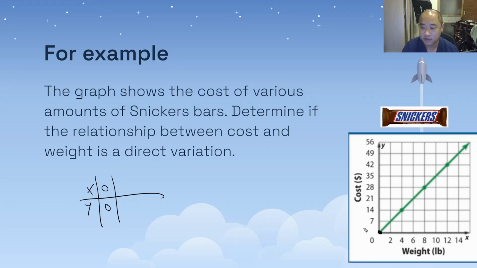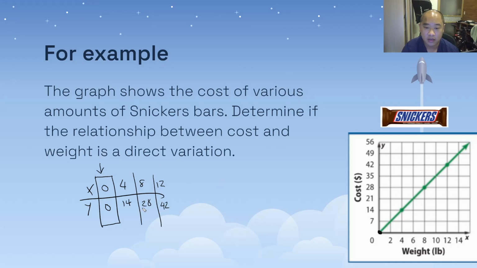And where x is 4, y is 14. And then 8 and 28. And then 12 and 42. So we're not going to look at this 0, 0, although this is one of the ways that you can tell if a relationship is a direct variation. We're going to look at these others.